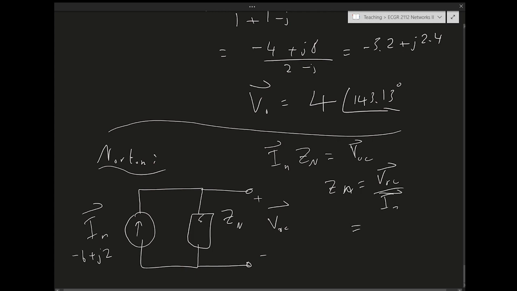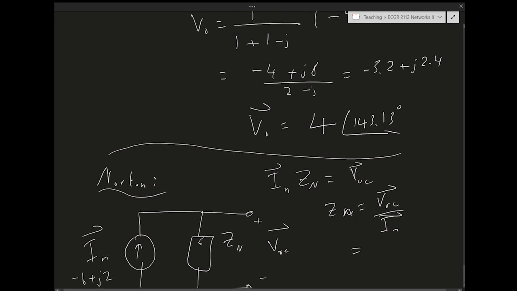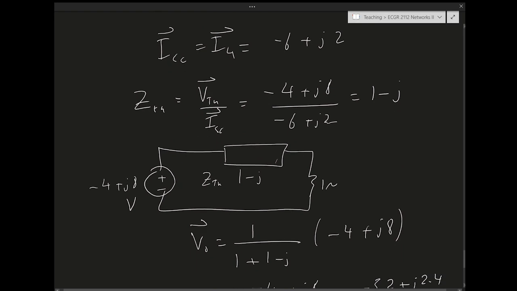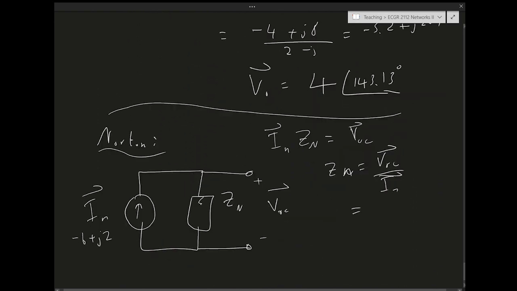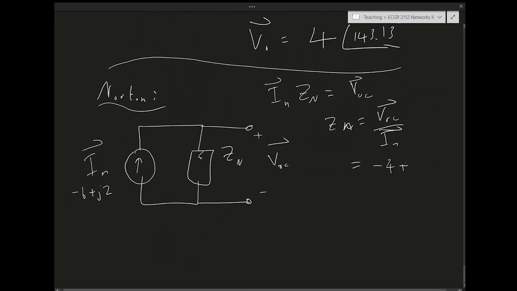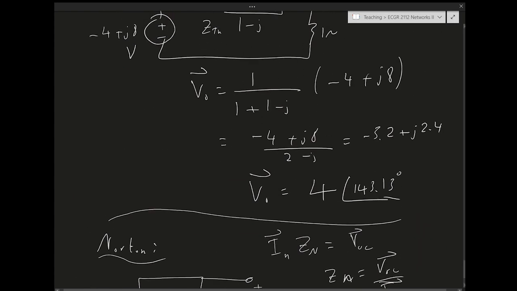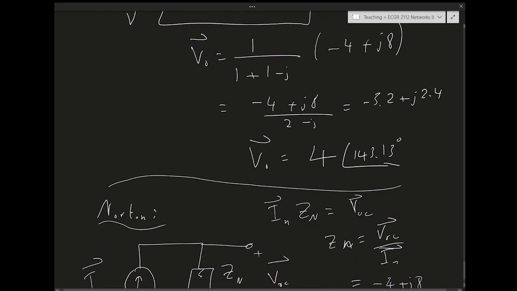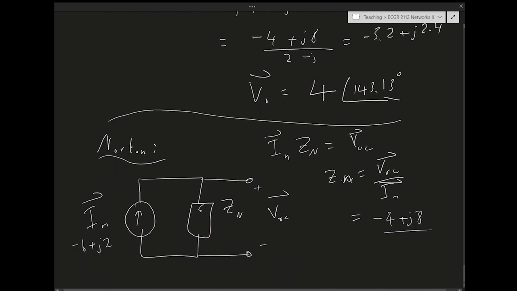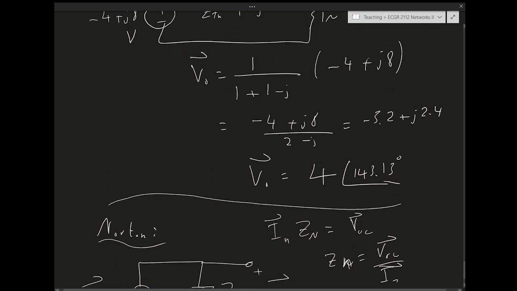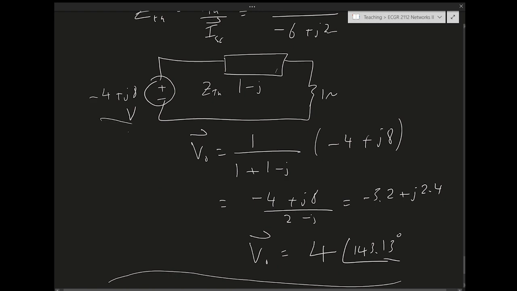But we already calculated VOC when we calculated the Thevenin voltage. VOC is just the Thevenin voltage, which is minus 4 plus J8, over I Norton. This is V open circuit, which we already calculated, which is equal to V Thevenin.